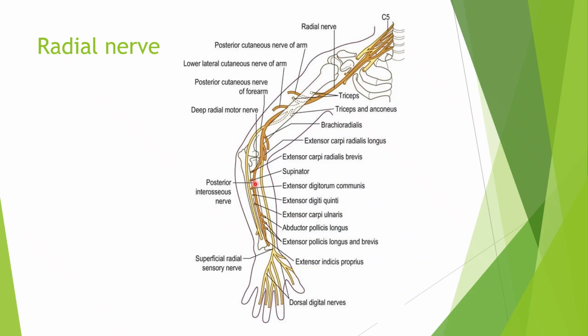The deep branch is the posterior interosseous nerve, which supplies most of the muscles of the extensor compartment. The radial nerve gives cutaneous branches to the posterior part of the forearm and the dorsal side of the hand, mainly the 2.5 digits.